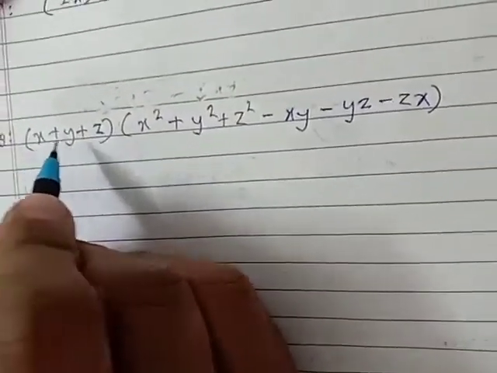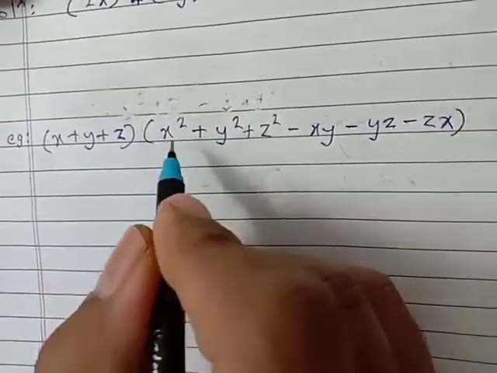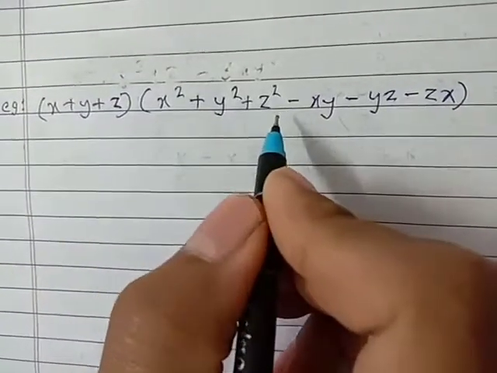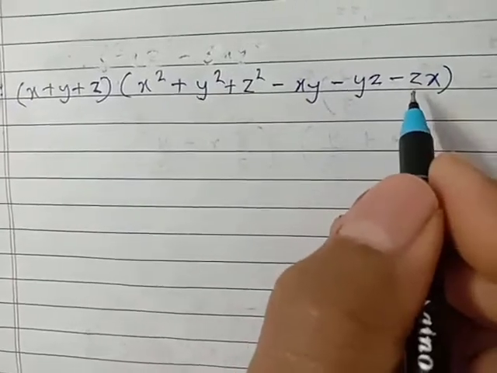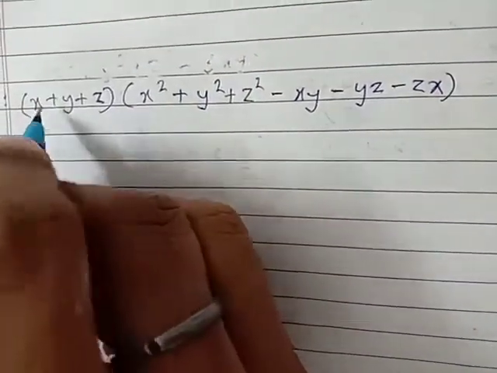Now let's solve this: x plus y plus z into x square plus y square plus z square minus xy minus yz minus zx. So how will you solve this?